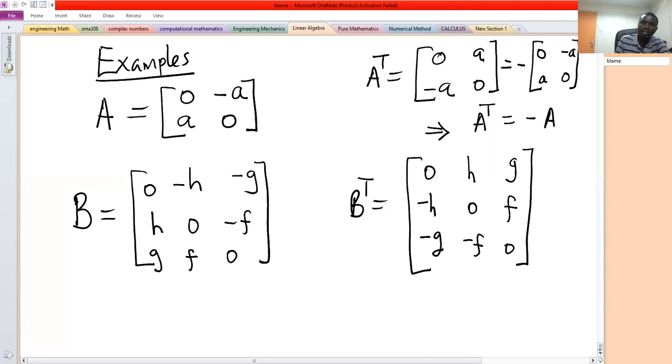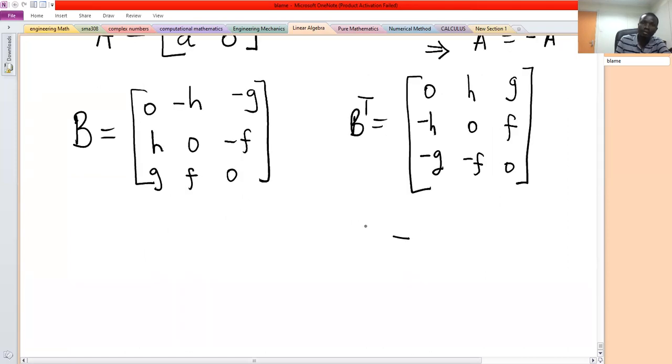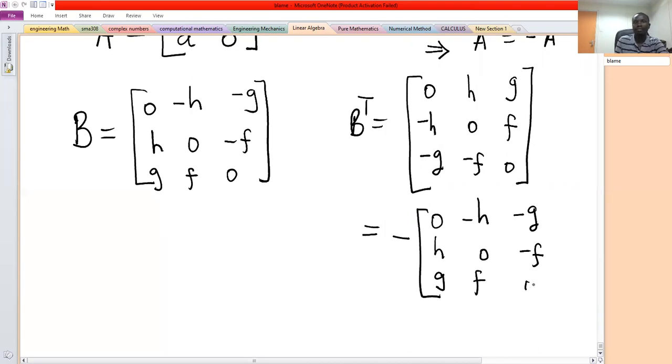If you try to factor out the negative, so this will be equal to negative, 0, and then you need to put negative h, negative g, h, 0, negative f, g, f, 0. Because when you multiply this -1 by these elements here, you get back our transpose.